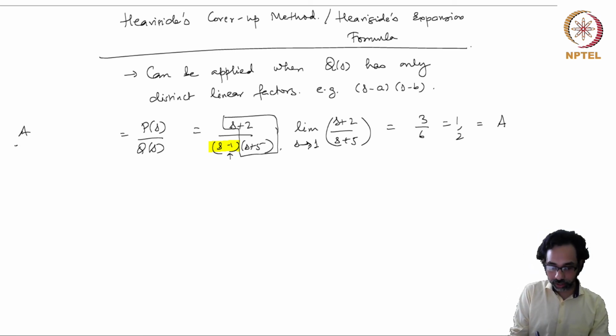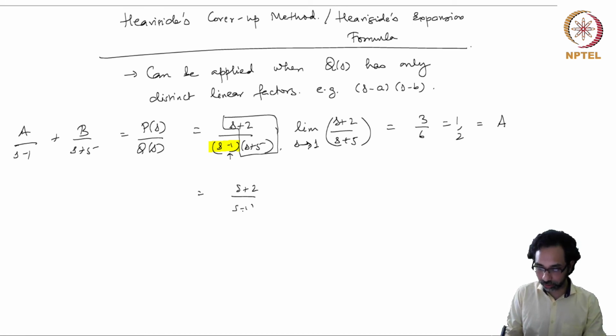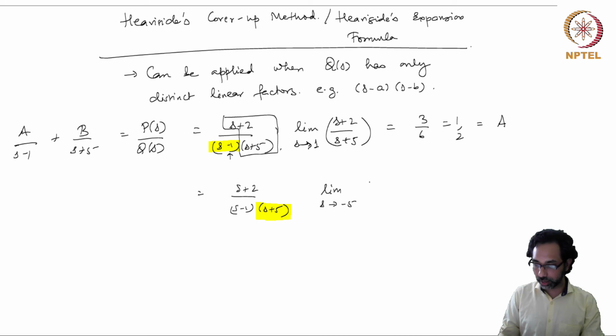In the partial fraction expansion, this can be written as a by s minus 1 plus b by s plus 5. And similarly, if you write again s plus 2 by s minus 1 times s plus 5, you can now cover up the second factor and evaluate the limit as s goes to minus 5 of s plus 2 over s minus 1, and this is minus 3 over minus 6, which is again half.